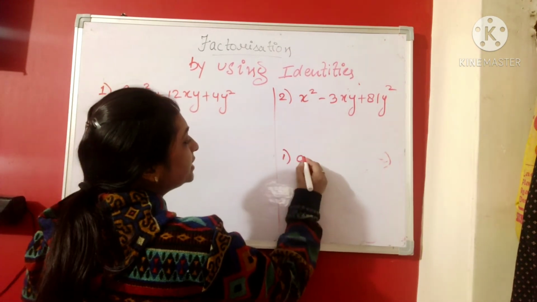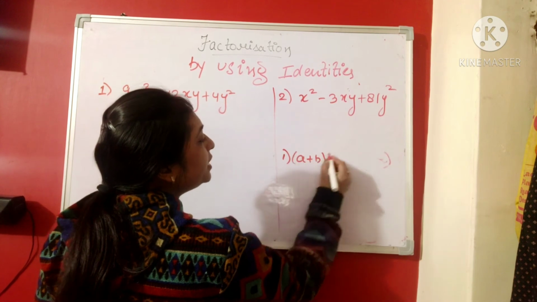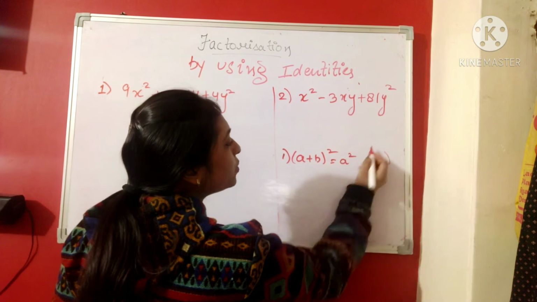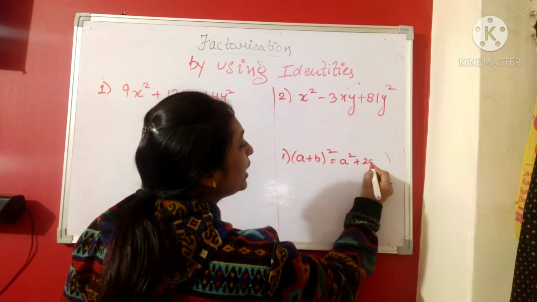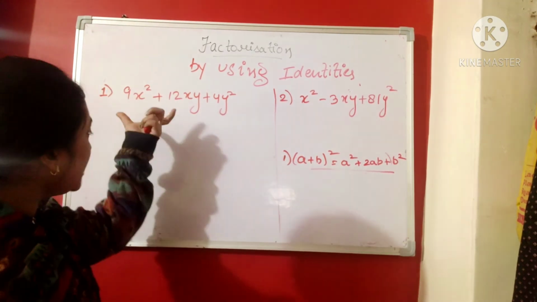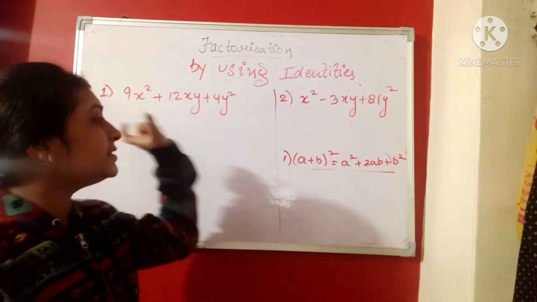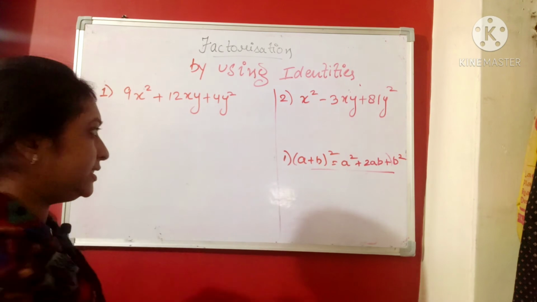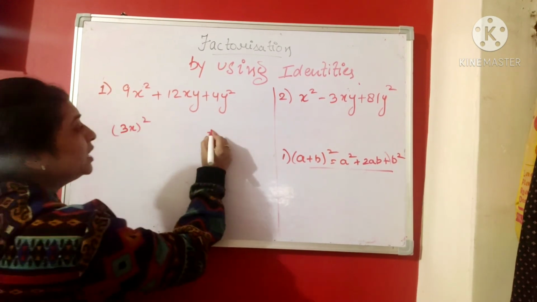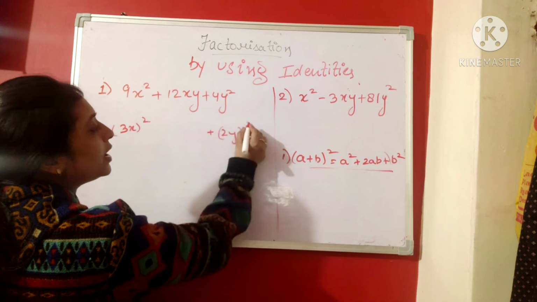The first identity was a plus b whole square, which was a square plus 2ab plus b square, right? Now, if we match this expression with this identity, we have 3x whole square over here, 2y whole square over there.